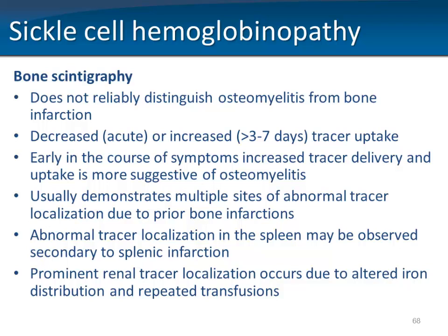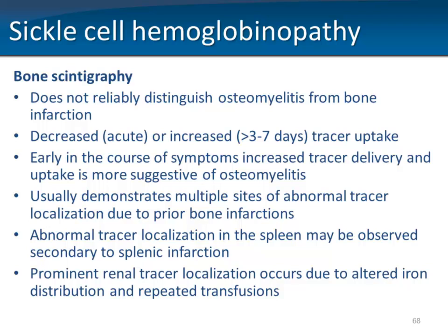So while bone scan is useful to try to identify an occlusive crisis, it does not reliably distinguish osteomyelitis from bone infarction. In the acute phase, you see decreased uptake, and later on, 3 to 7 days after the onset of symptoms, uptake becomes increased.